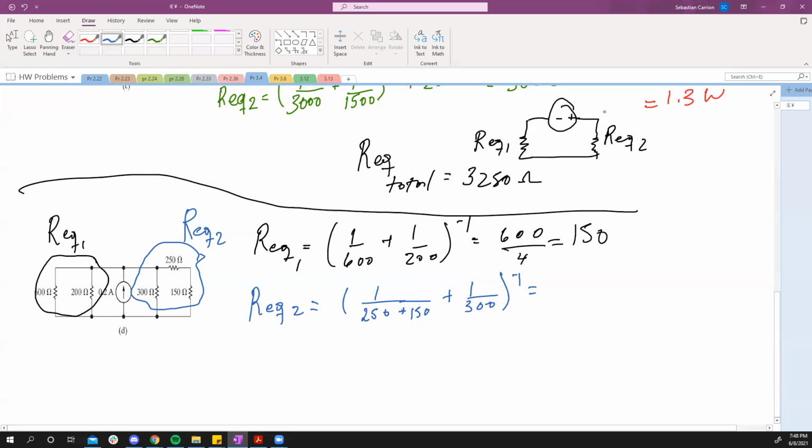Okay. This is gonna result in 171 point. I'm gonna round it off to 0.43 ohms. And now we get a circuit that looks like this.